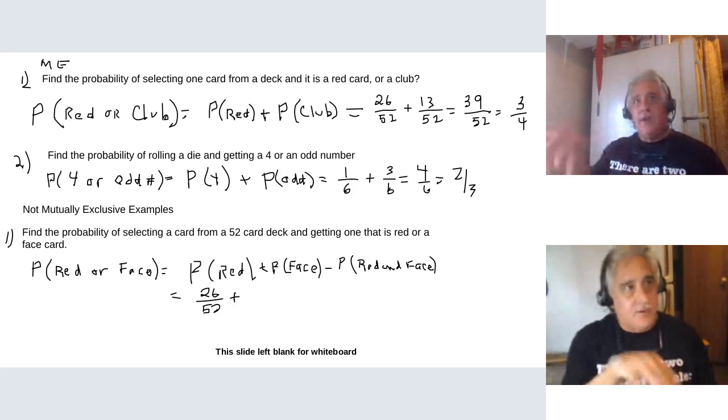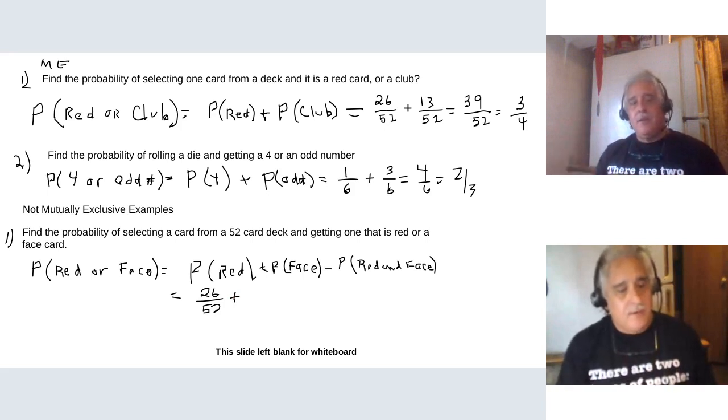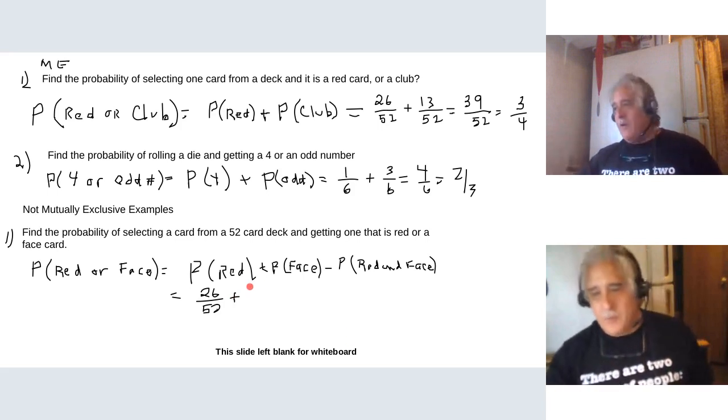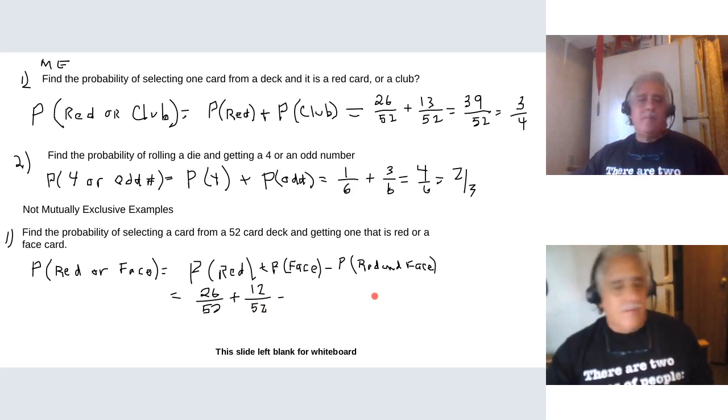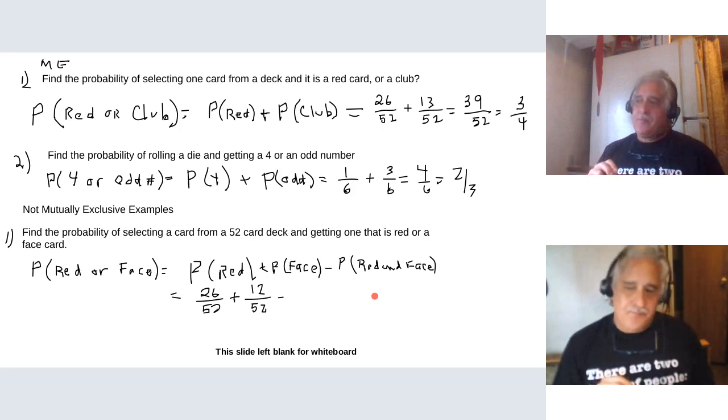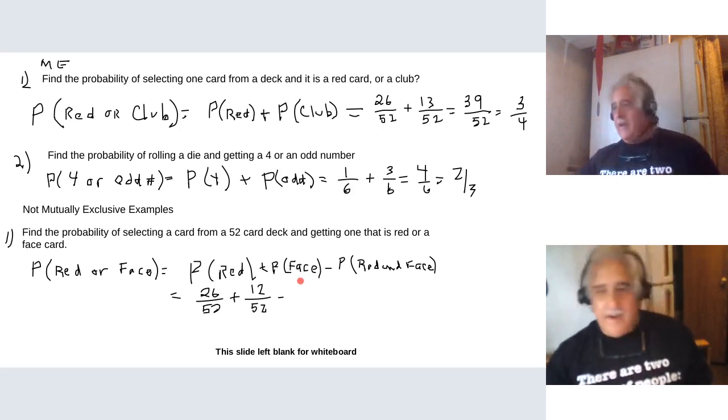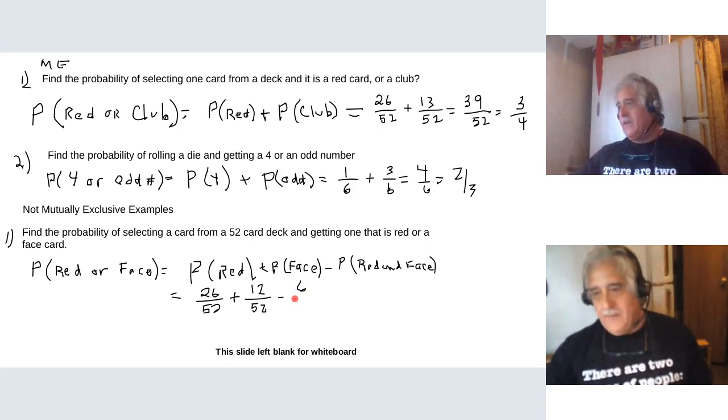There's 3 in each suit and 4 suits, so there's 12 face cards. Now, we have to realize that there are 6 of them that are red and face cards.